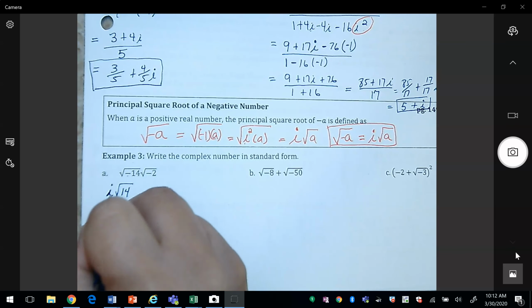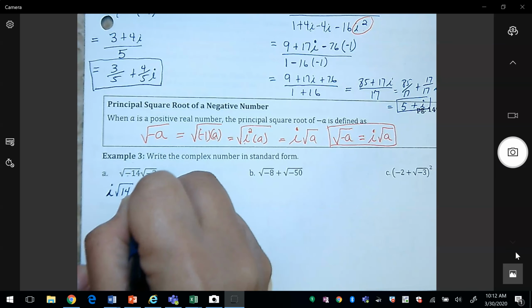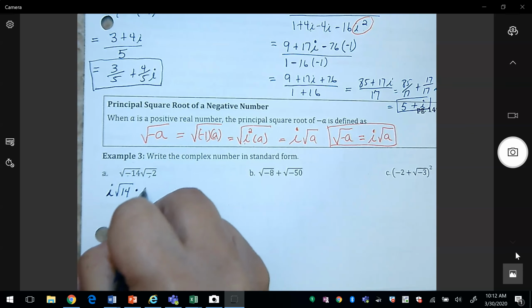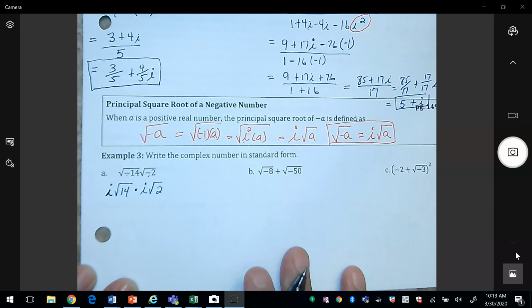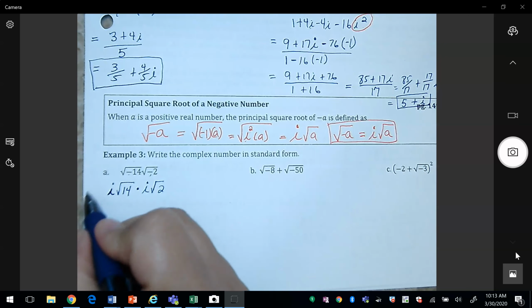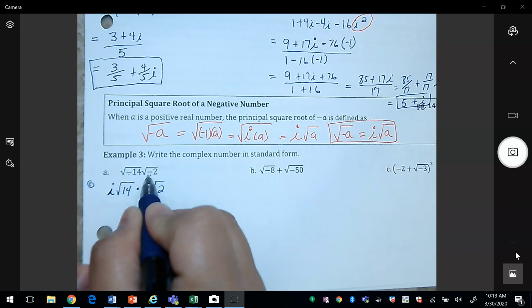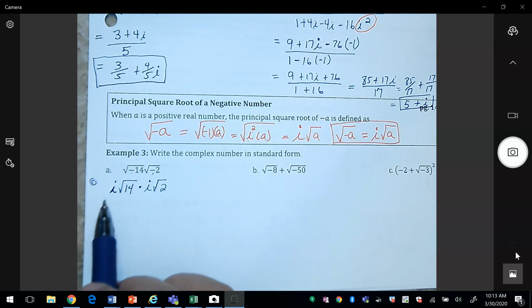So we would be left with i square root of 14 times, same for this one, we have a negative in here, so I can replace it with an i square root of 2. Okay, so that would be your first step, is to fix your radicals here so that they don't have any negatives inside the square roots.